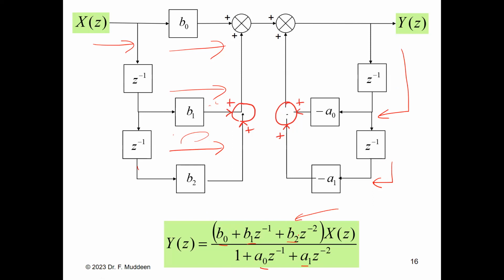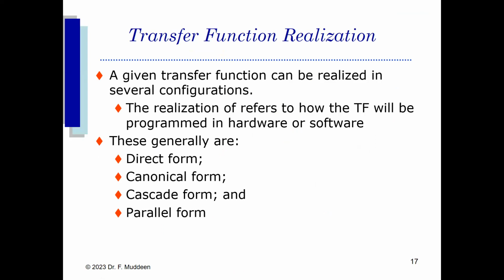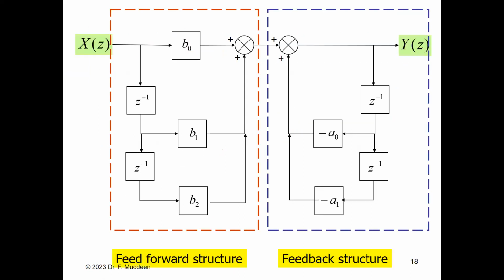So the B values with X are going forward, and the A values with the past values of Y are being fed back.